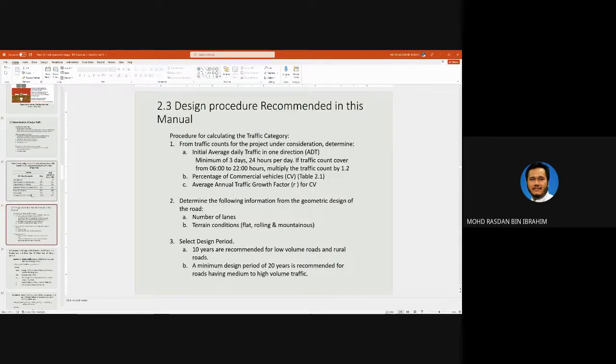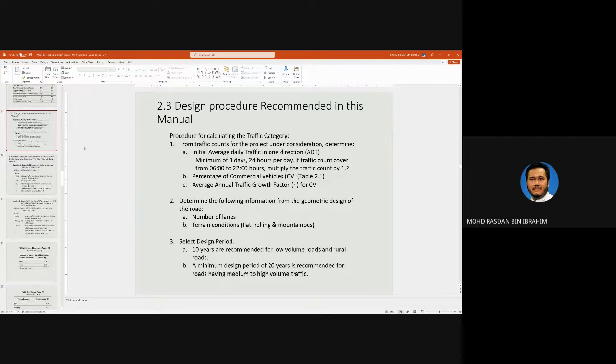All right, so in that arahan teknik, they have several steps. The first one is from the traffic count. You get the ADT. Minimum count is 3 days, 24 hours per day. If you don't have a 24 hours count, the traffic volume that you get must be multiplied by 1.2.